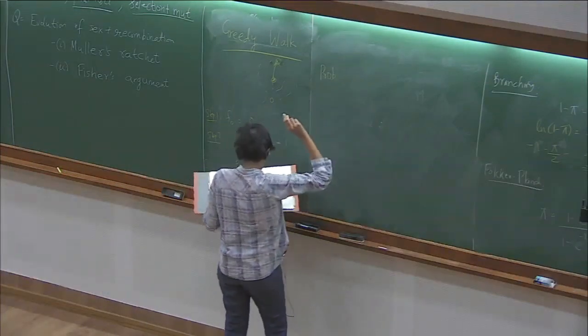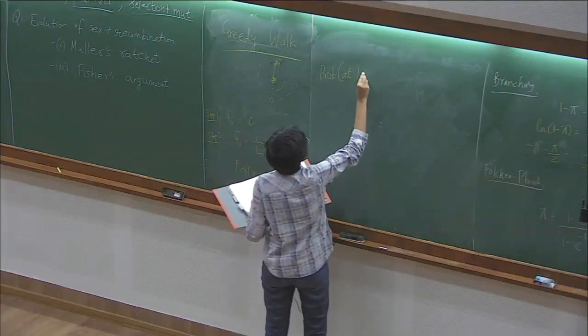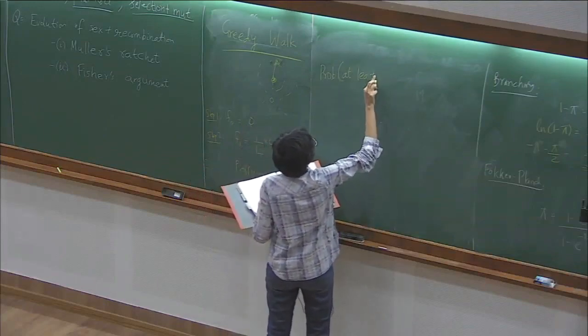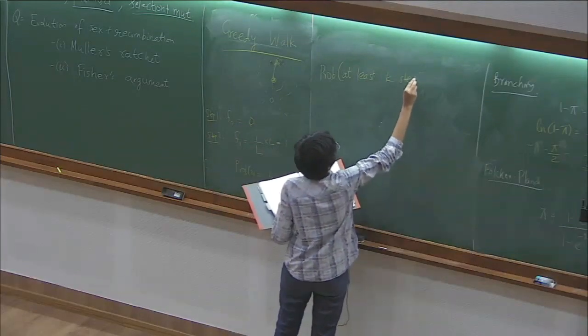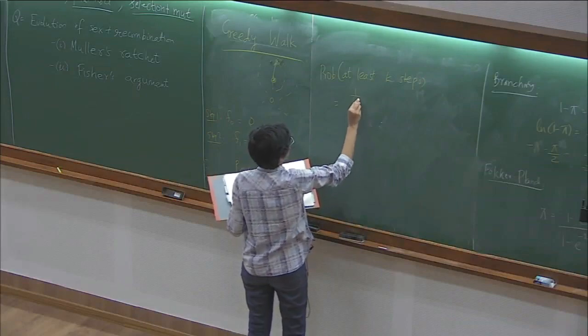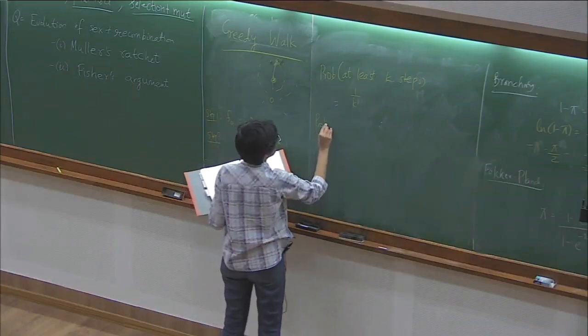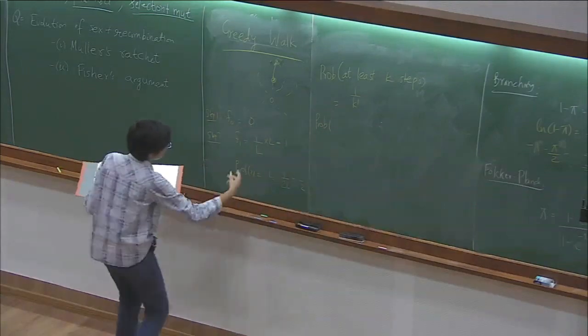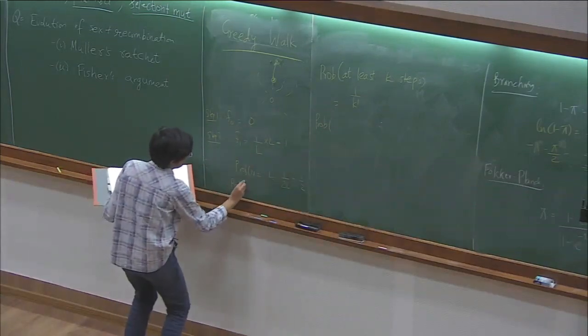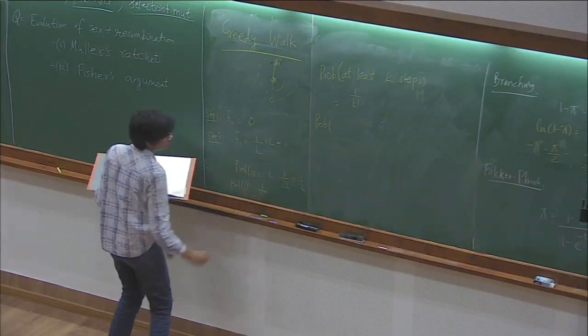And therefore, the probability of exactly k steps. So this is 1 by 2, and if you try the same way, this would be 3 factorial. Just have to repeat this argument a bit, okay? I can discuss it later if you're interested, but let me just write this down right now. So this just follows from here.